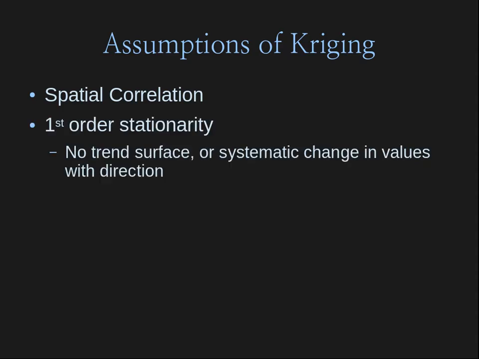The next thing is first order stationarity, which means there's not a trend surface. For instance, if I go west, wells just keep getting deeper and deeper forever. It needs to have no general trend surface.